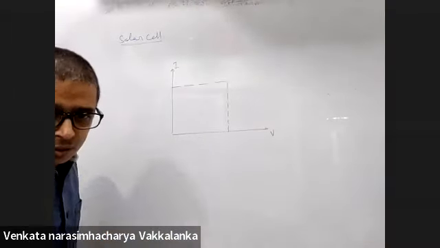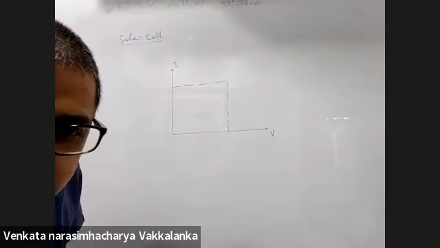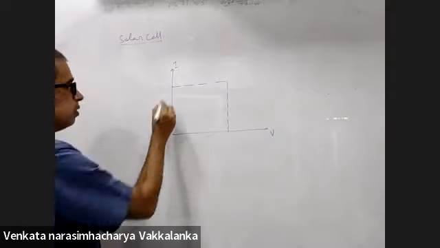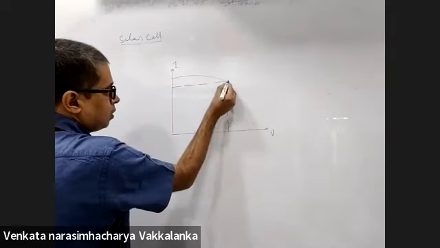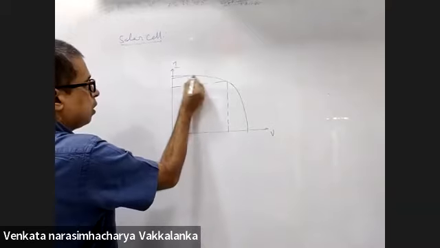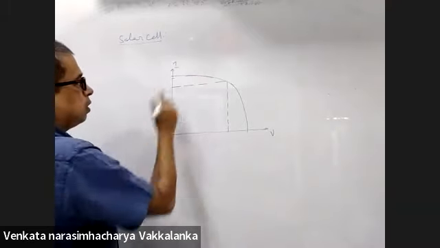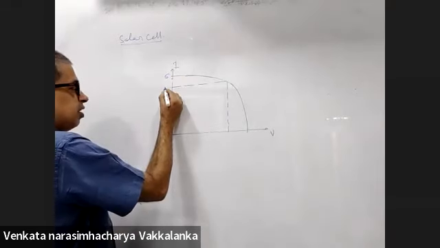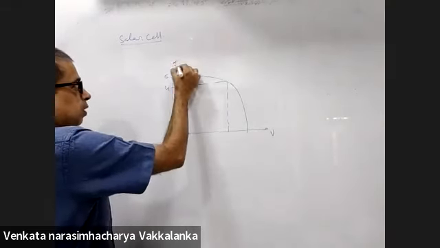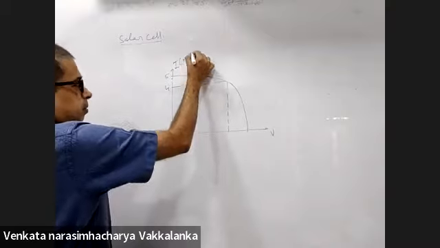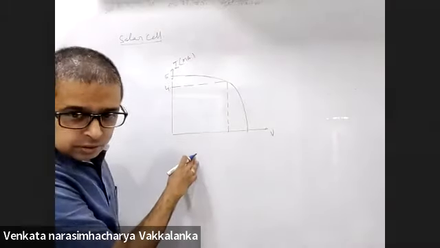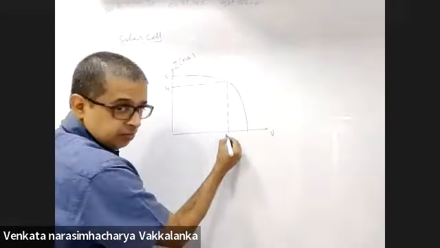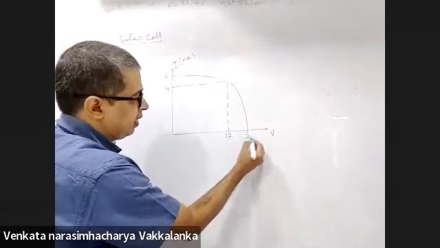The values are important here. Operating current is 5, this is 4. In milliamperes, here it is 17, right? And 20.